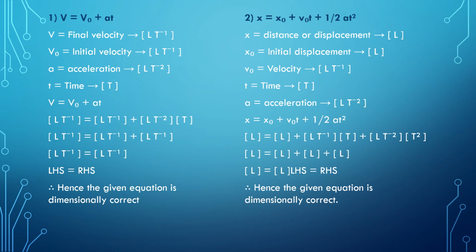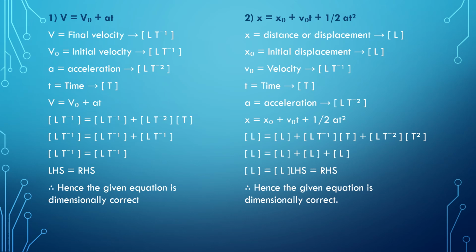So next I took an example, that is x is equal to x naught plus v naught t plus half at squared. So x, that is distance or displacement, you can represent it by capital L, and x naught, that is initial displacement, you can represent that as capital L, and v naught, that is velocity, that is LT minus 1. T is time t, and acceleration, that is LT minus 2.